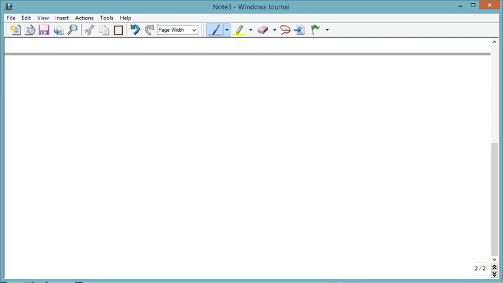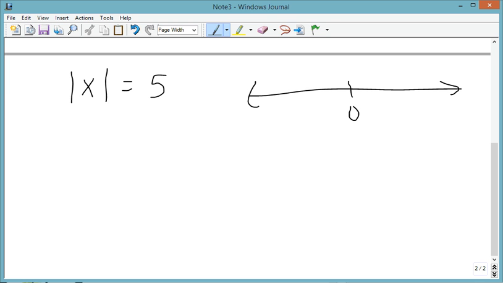So when we look at solving an equation with an absolute value, suppose we have the absolute value of x equals 5. Remember on our number line, we'd be looking at what numbers are 5 away from 0, and that's going to be either 5 or negative 5.